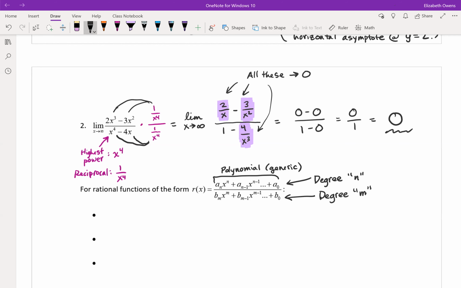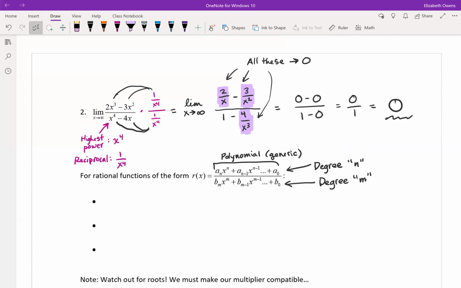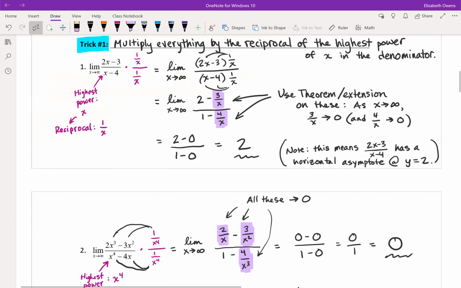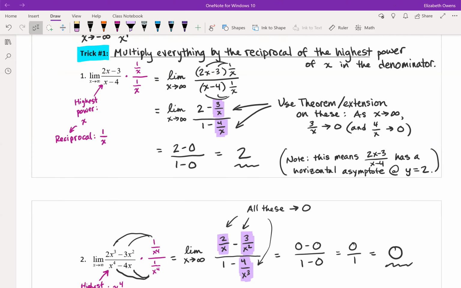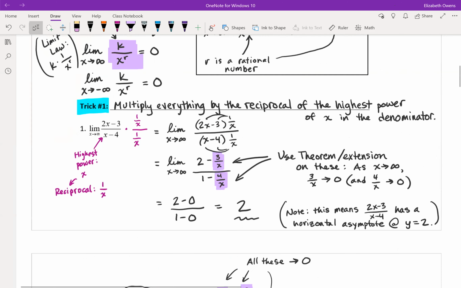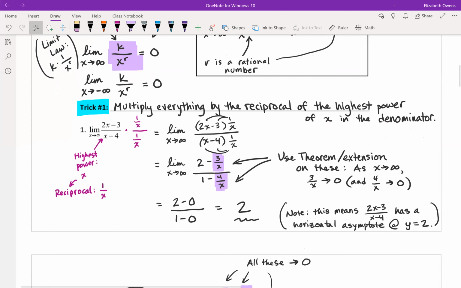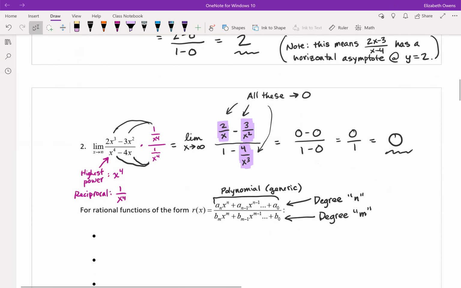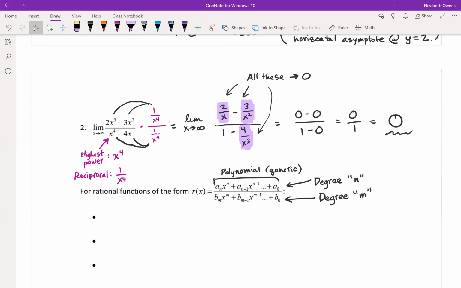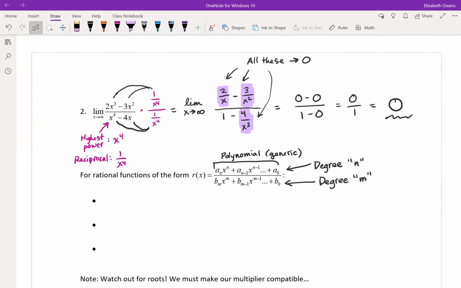Now we have a couple shortcuts we can use for these rational functions, and this all comes from applying that trick number 1, multiplying by the reciprocal of the highest power of x in the denominator, and then applying our theorem and theorem extension. So these you can always do by using that trick. It's just if you want a shortcut, here it is.